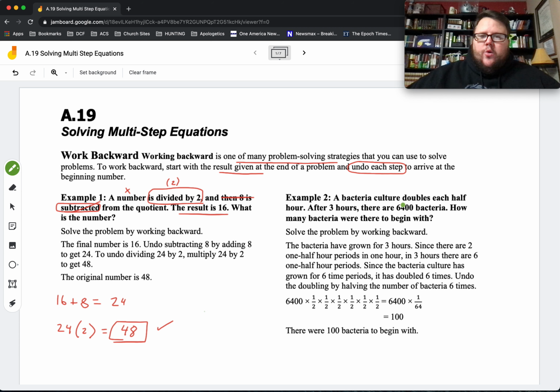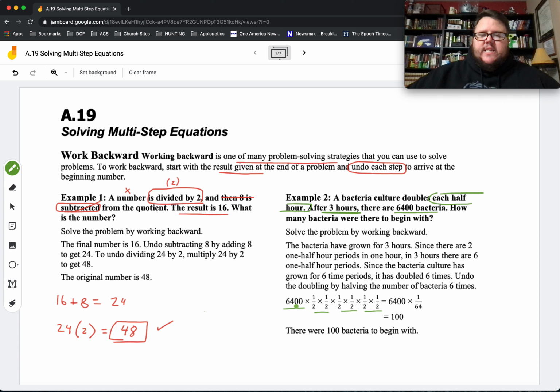Example 2. A bacteria culture doubles each half hour. After 3 hours, there are 6,400 bacteria. How many bacteria were there to begin with? So if they double every half hour, that means we're going to work backwards. We're going to start with 6,400, and the opposite of doubling is halving. So we're going to halve every half hour, but there's 3 hours, so this is 1 hour, 2 hours, 3 hours.